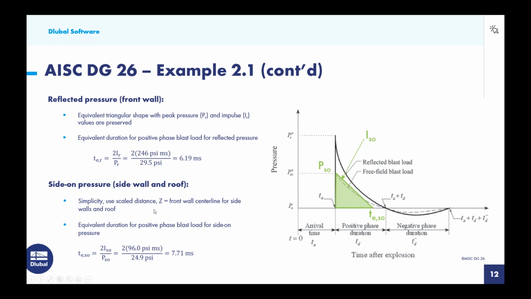Now, realistically, we could maybe calculate a larger Z to decrease our magnitudes, but again, for simplicity and the conservative approach, we'll just use those same values. Therefore, we need to calculate here t sub e. We have P sub o and I sub o from the previous slide. So 2I over P is going to be equal to 7.71 milliseconds. And this is all that is needed for our time diagram for the sidewalls and the roof.